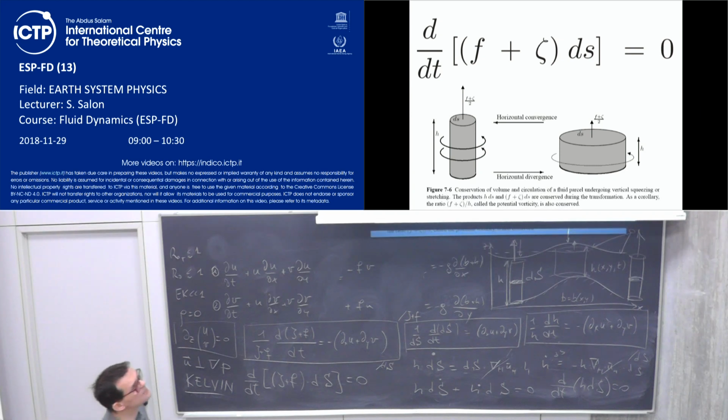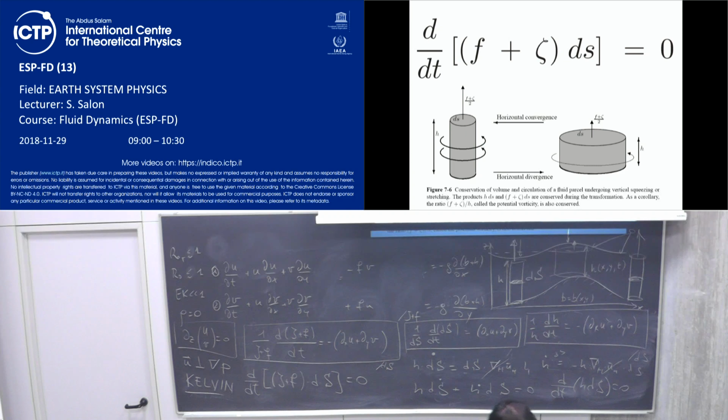So the Kelvin's Theorem is at the base of the model which explains the general circulation of the Atlantic Ocean, with the basic fact that you have a movement of the water towards north and then recalling of the water towards south.